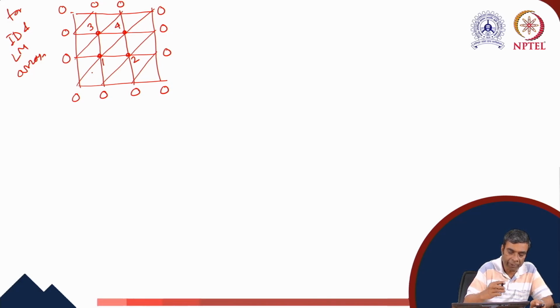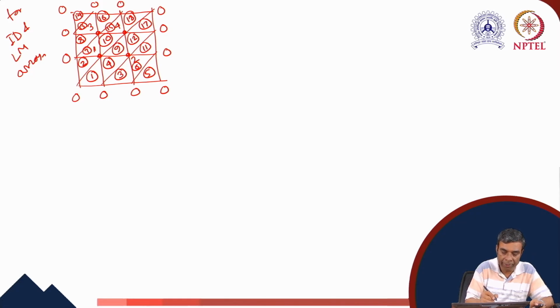So our elements are 1, 2, 3, 4, 5, 6, 7, 8, 9, 10, 11, 12, 13, 14, 15, 16, 17, and here 18.